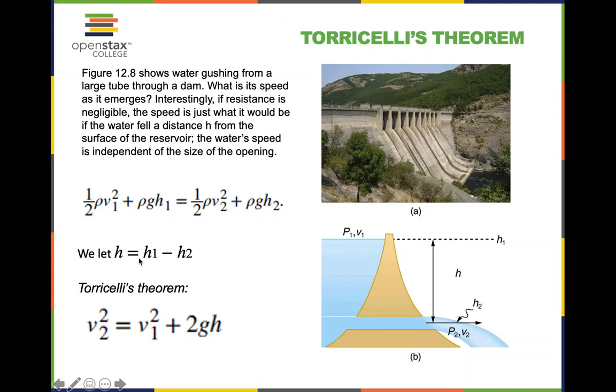We let h equal h1 minus h2. You plug this in, for h1 you do h plus h2, and the same thing for h2. You eventually get v squared equals v1 squared plus 2gh. That seems very familiar, right? That goes back to kinematics, the original free fall equation.